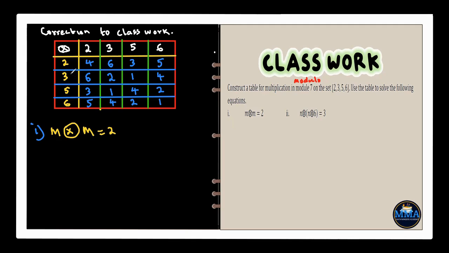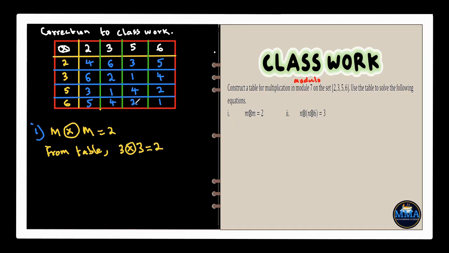So we'll look at the table. Let's look at where we'll get 2. We have 2, that means 3 times 3. 3 times 3 is 2.